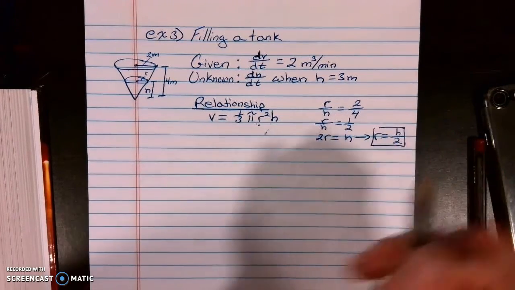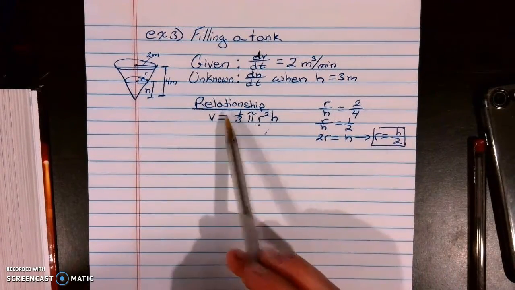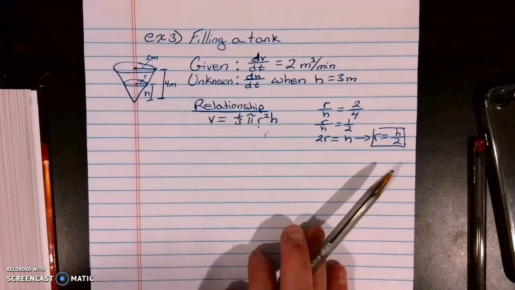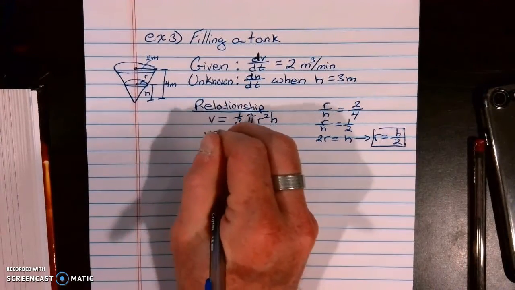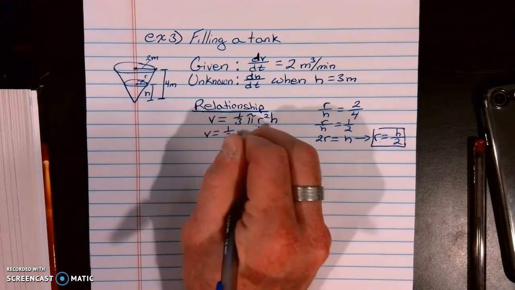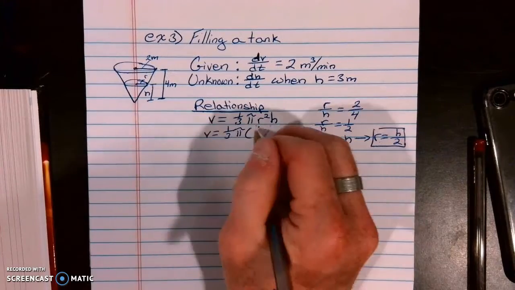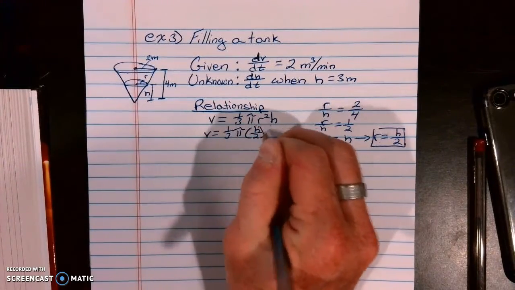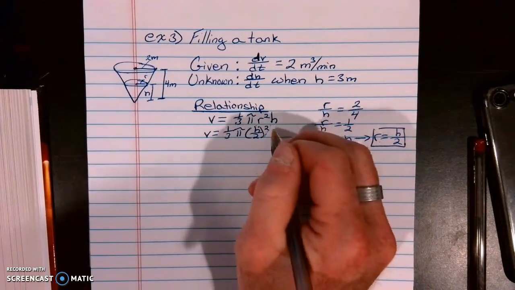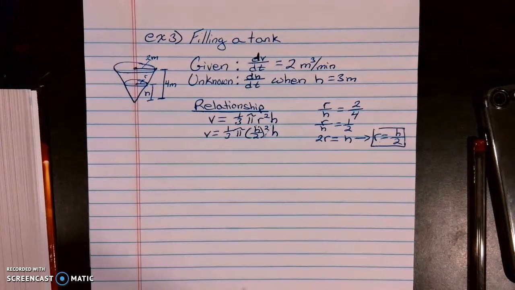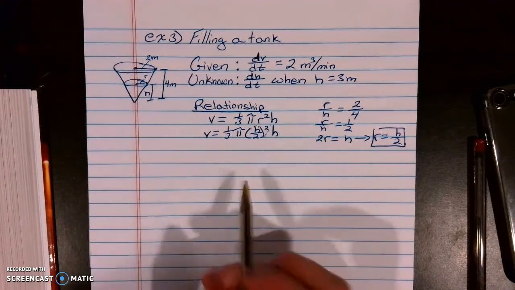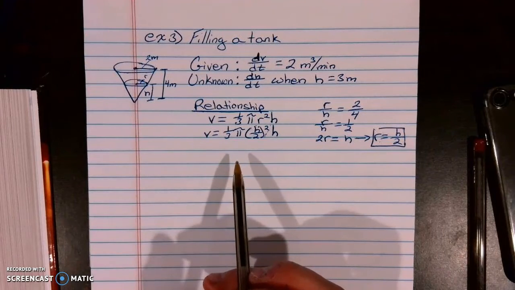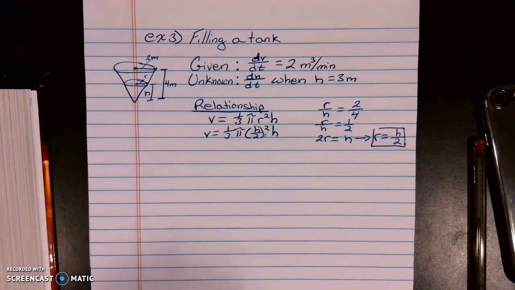Okay, so as my next step, I'm going to plug this value in here, and when I do that, I get the volume equals 1/3 pi times (h over 2) squared times h. Now, in order to move forward in this problem, I definitely need to differentiate.